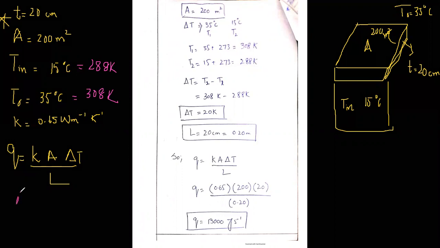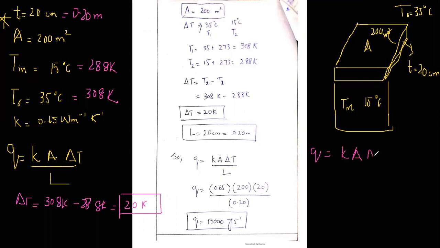So delta T equals 308 Kelvin minus 288 Kelvin, which equals 20 Kelvin. Now the length is 20 centimeters, and we have to convert it into meters, so this value is 0.20 meter.